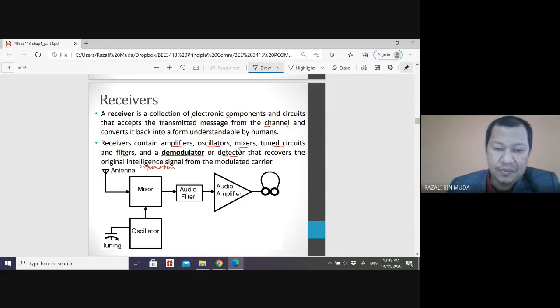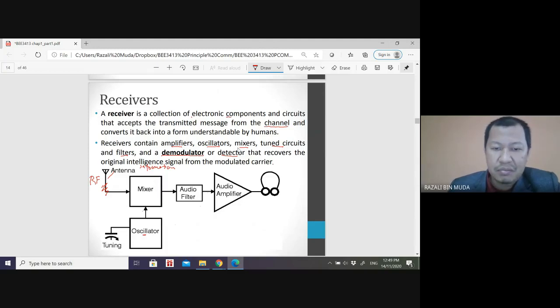Okay, so instead of the mic for the transmitter, we have the antenna first. This antenna receives the RF signal from the free space or from the air, and then this signal goes into the mixer, and the oscillator comes in as another input of the mixer as well.